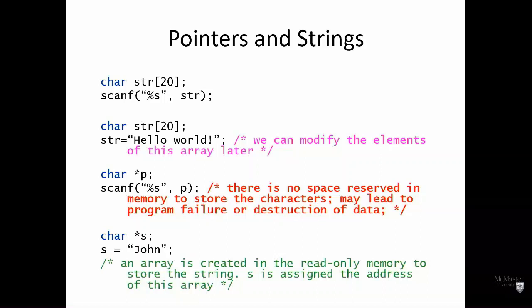This is going to be in read-only memory. These two things are not completely equivalent. So the correct thing to do, if you want to define a string, is first of all define it as a normal array of characters, and then use pointers to point to it, right?